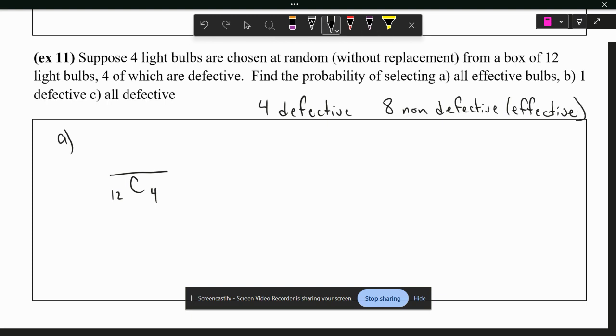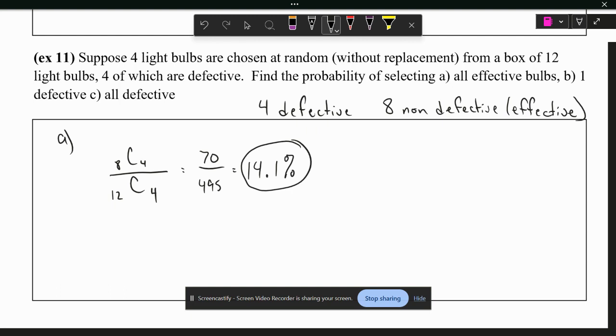So if all are effective, I have 8, and I'm choosing 4. So what I'm going to do in my calculator is type in those 2 things. So 8 choose 4 is 70, over 12 choose 4, which is 495. So the probability of selecting all 4 that are effective is going to be about 14.1%.